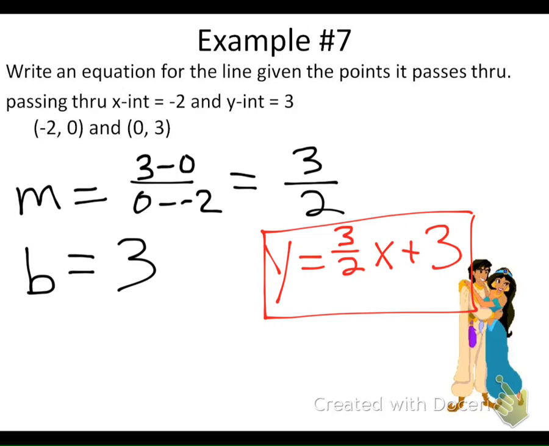If you didn't recognize that they gave you b, that would be fine. You would plug this in for y, and then this would be your x. So 0 times 3 over 2 would just give you y equals 3. Sorry, b equals 3, so you'd know. Pretty simple. Questions on this?